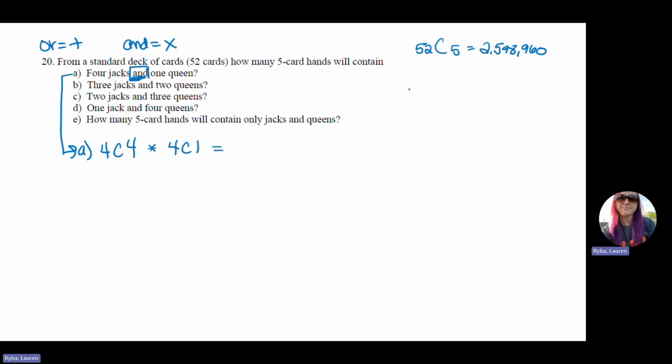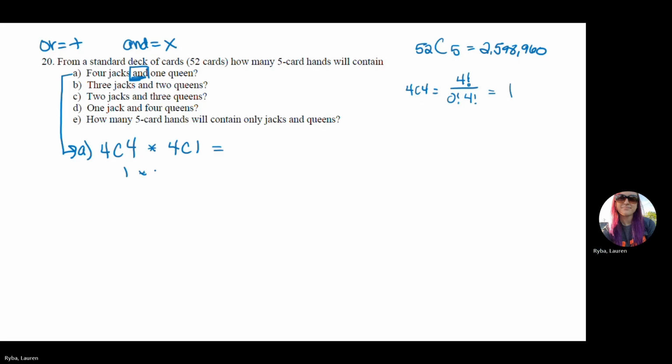Okay, so on the side here, because I'm going to reuse these, so 4 choose 4 is 4 factorial over their difference is 0 factorial over, and then 4 factorial. 4 factorial, it cancels out, it's just 1. There's only one way, right? If I want to get all 4 jacks, there's only one way to grab all 4 jacks.